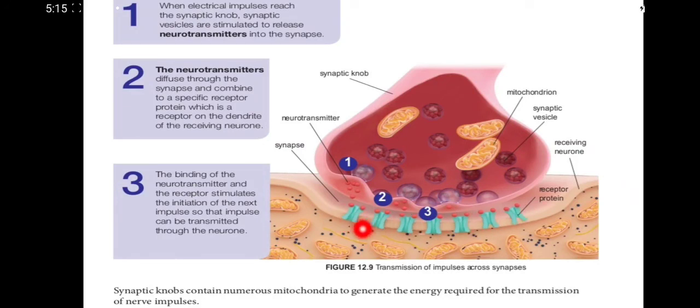So now the impulse is transmitted through the neuron. Begitu cara dia untuk transmission of nerve impulses through the synapse. Di sini kalau kita perhatikan, we have mitochondrion. Mitochondrion generates the energy required for the transmission of nerve impulses.